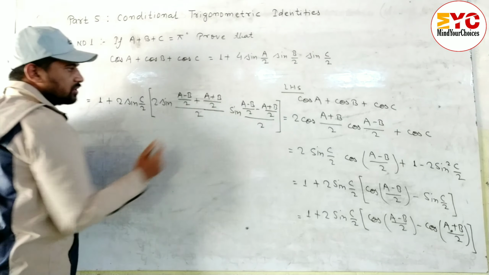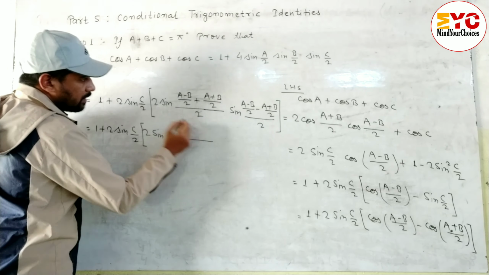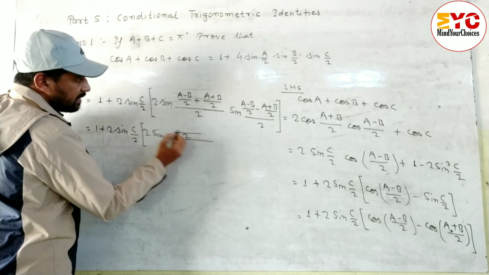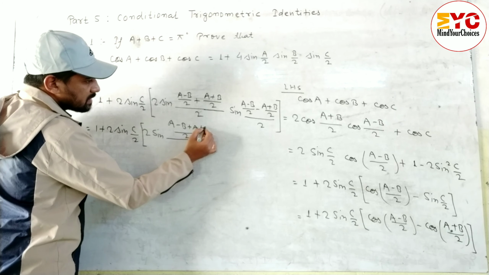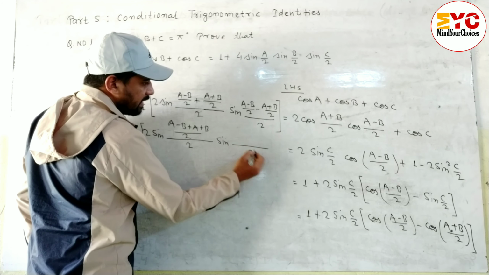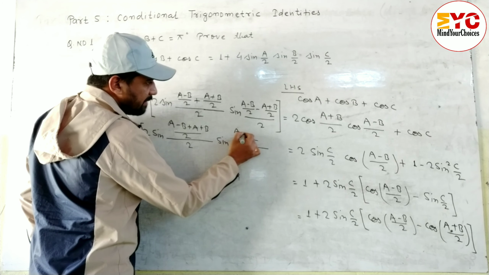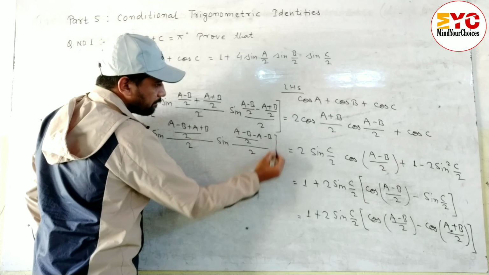1 plus 2 sine c by 2, sine, here you have to take LCM. LCM is 2, a minus b plus a plus b by 2. Similarly here also we have to take LCM, and the LCM is 2, remaining a minus b minus a minus plus minus b.